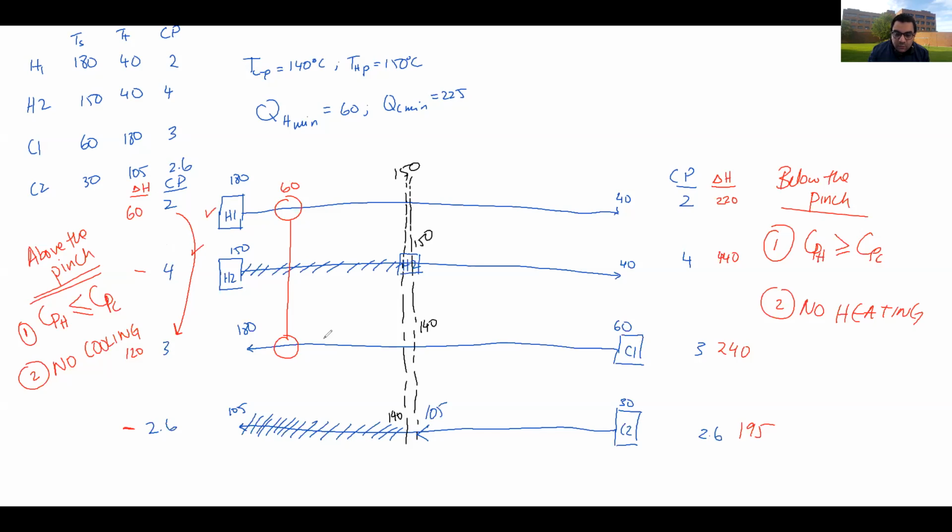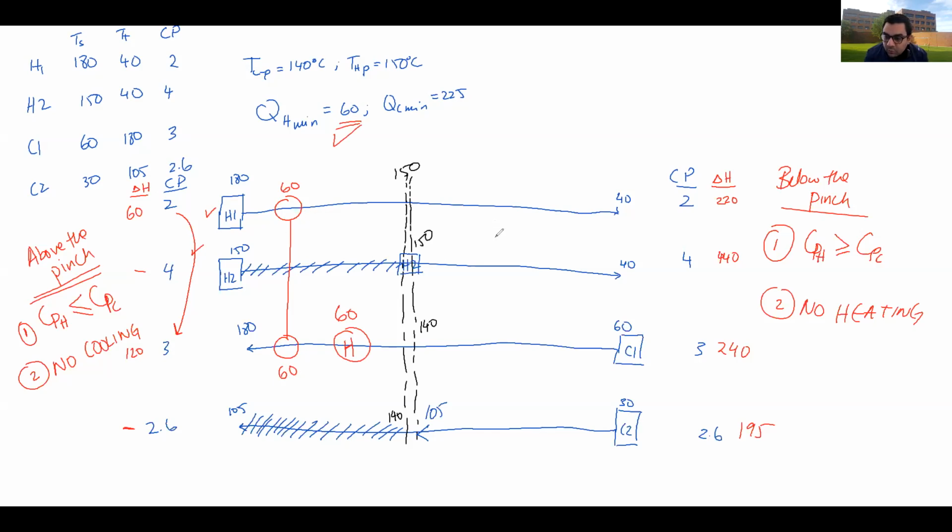And then C1 still needs 60, right? Because it has an overall delta H of 120. I met 60 and I have 60 left. So because it's a cold stream, I add a heater. And this heater is going to add 60. And this is my QH min. This matches this number. We're good. So above the pinch is done.